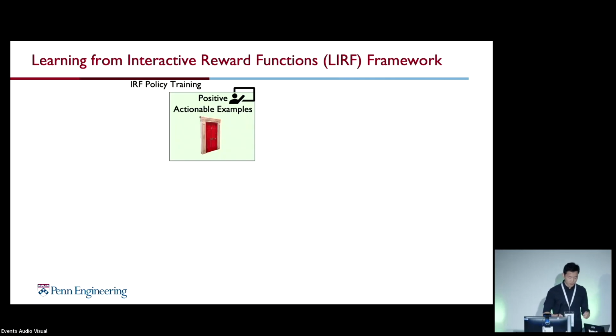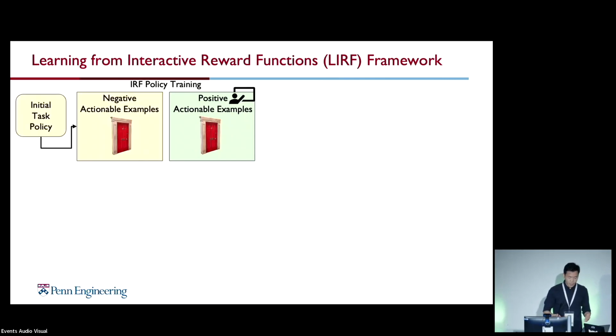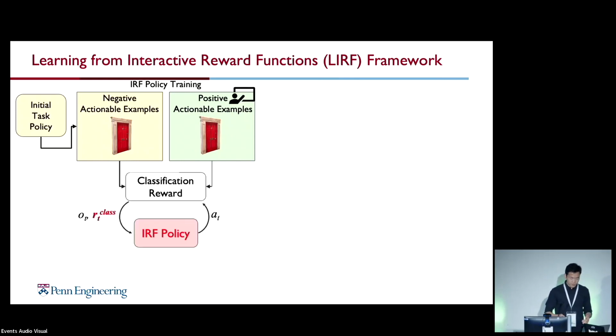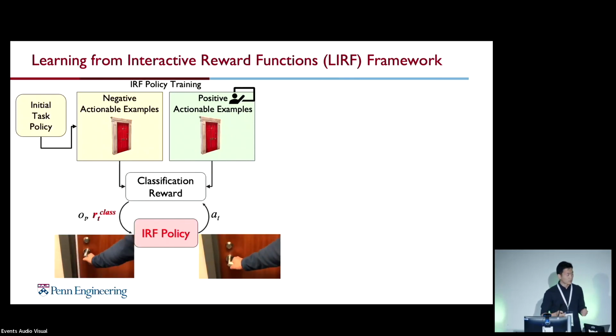We already have possible examples of successful outcomes provided by the human user, such as locked doors. In addition to this, we will add negative examples, which are simply the outcomes of the current suboptimal task policy. Then the IRF policy is trained to interactively distinguish the positive examples from the negative examples. This is how the IRF policy learns good verification behavior.